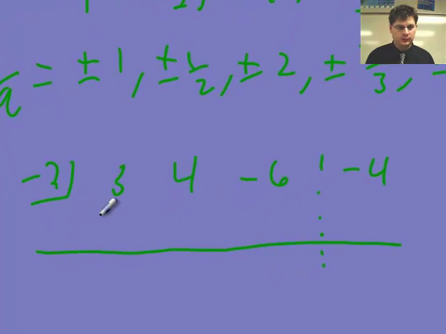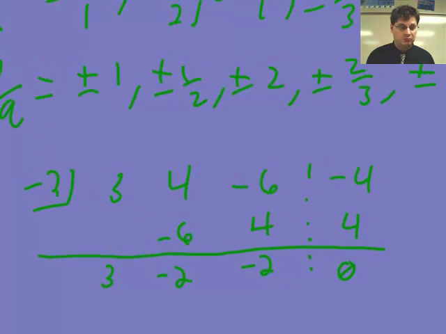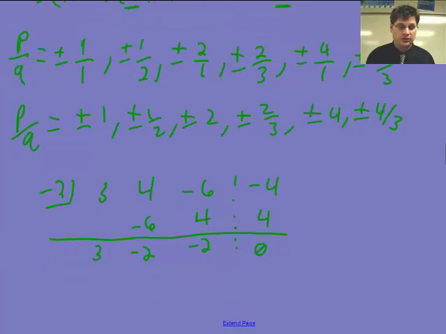Okay, so bring down 3, -2 and 3 is -6. That's going to give us -2. That's going to give us +4, and -2, -2, and -2 is +4, and no remainder. So that's going to be our other real or rational zero, at least.